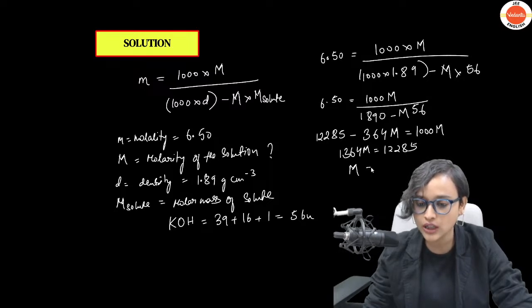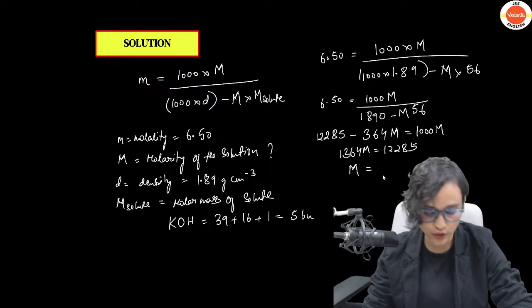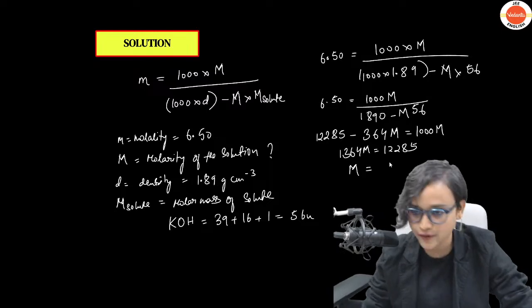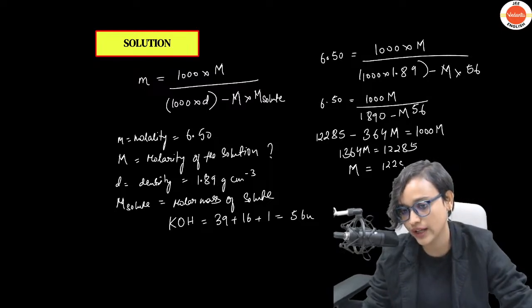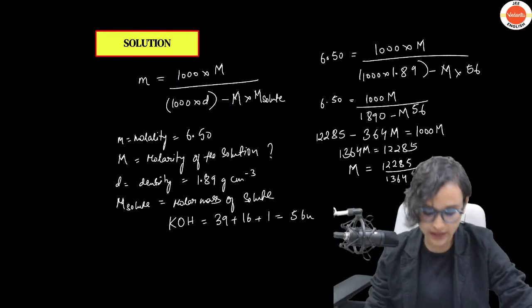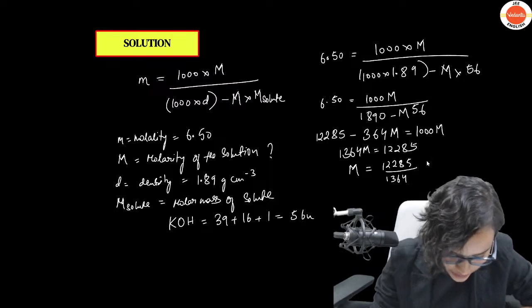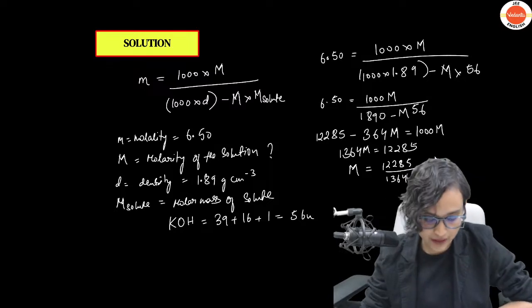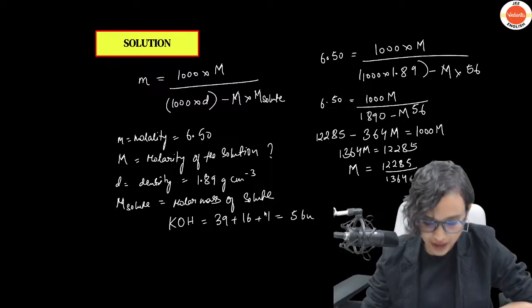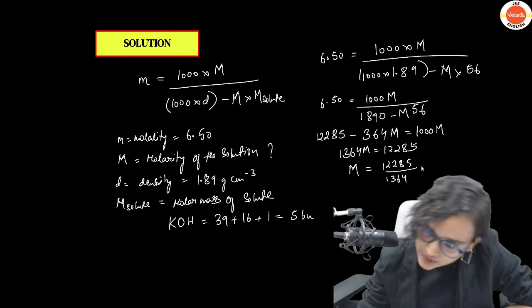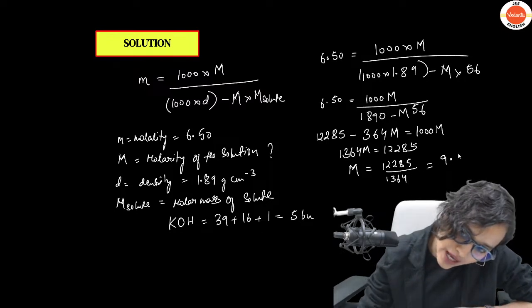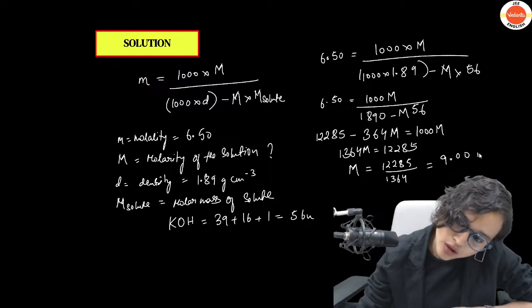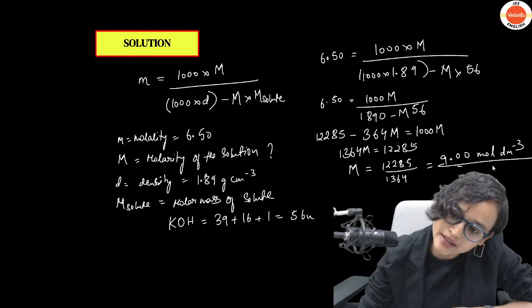That means molar M is equal to 12,285 divided by 1364. Let me do it. This is equal to 9.00 mole dm to the power minus 3. This is your answer, guys.